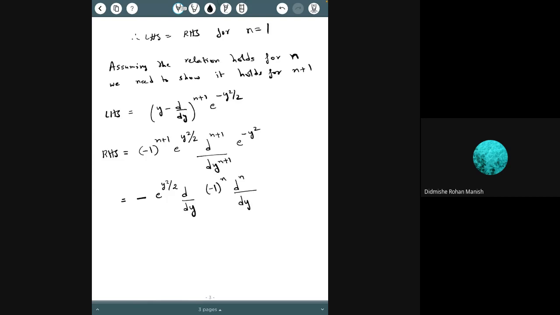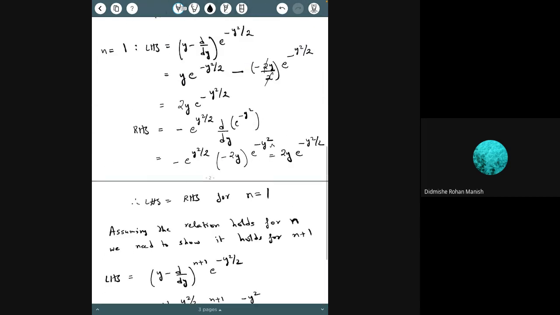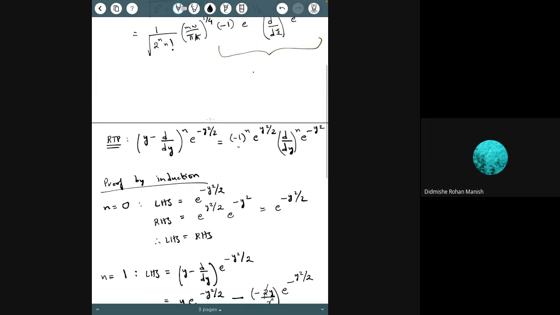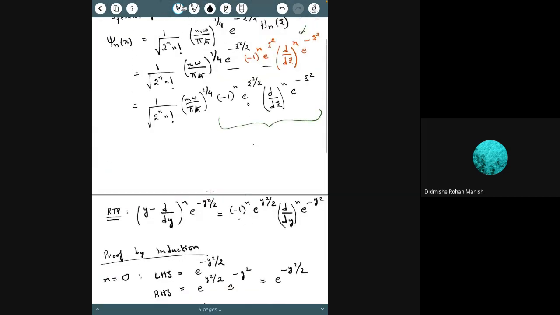Then d/dy to the n, this is what we have here, e to the power minus y squared. Now our target is to get e to the power plus y squared by 2 over here.